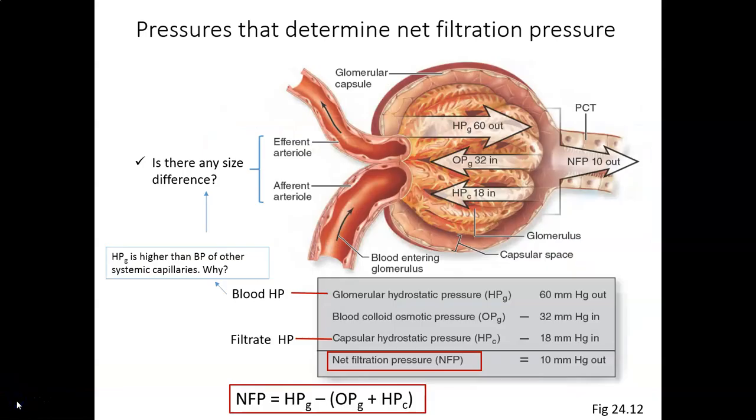Then what determines the filtration? You're probably tired of saying the glomerulus again and again, but this is the most complicated, and I know you guys tend to struggle when we look at the equation, right? Look at the numbers.